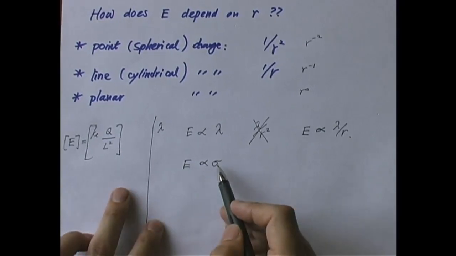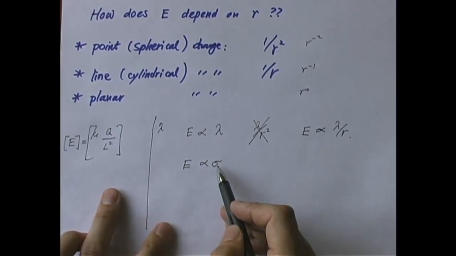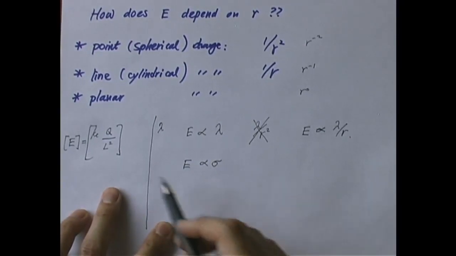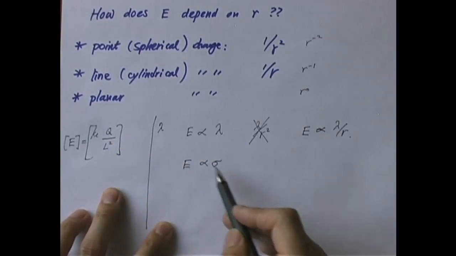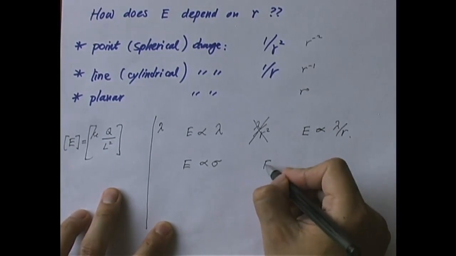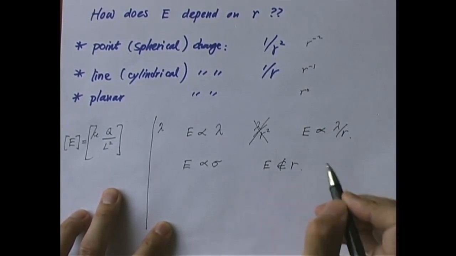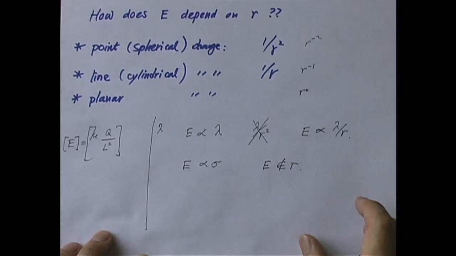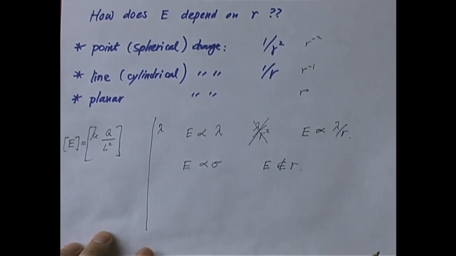No, I cannot. Sigma already has the right unit. So r should not be anywhere in that equation, because sigma already takes care of the units. Therefore, E should not depend on r. In other words, it's constant. Just like we saw here. There is no choice. We can get that directly from dimensional analysis.